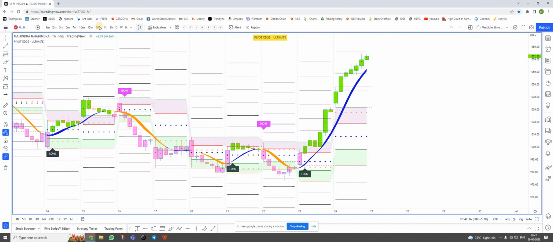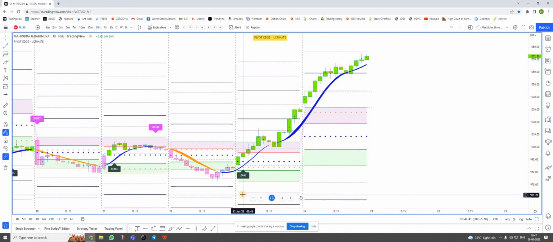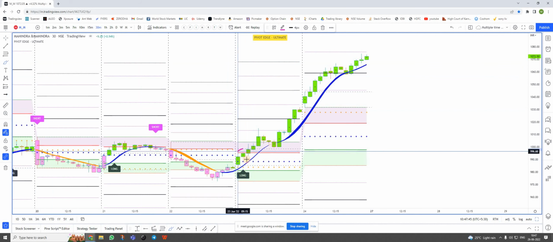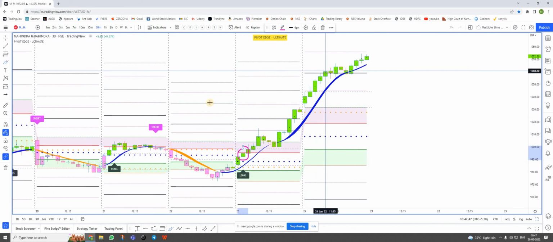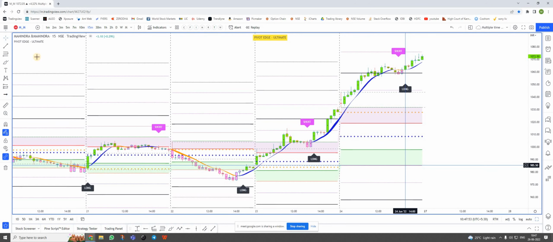Now I'll come to a lower time frame, 30 minutes. In 30 minutes also it is the same: at 9:45 you got a little bit earlier entry, and it is still in the same trend. Now we'll come to 15 minutes.